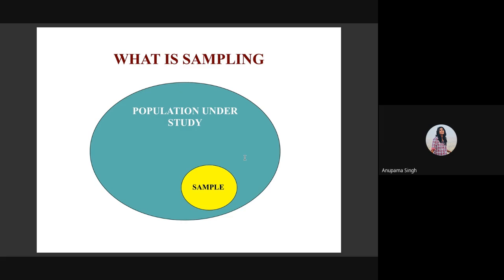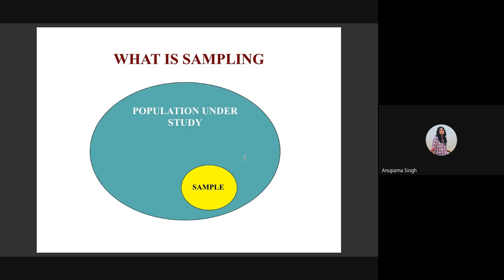This population can be different for different people and different research or study objectives, right? Let's take a very basic, simple example. If you want to study the average height of a group of individuals in some particular population, say Uttar Pradesh, then the bigger set of individuals will be the entire population of Uttar Pradesh, and a certain age group can be my smaller group.